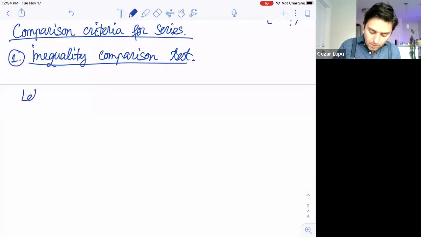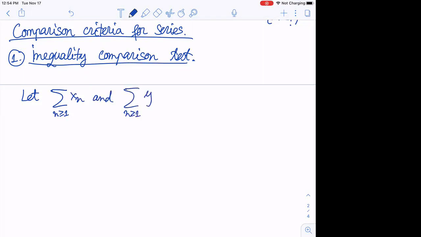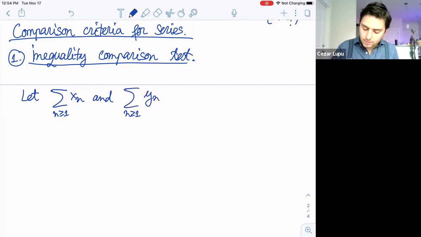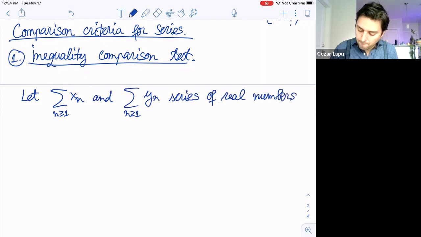I'm going to write directly two series, the sum of Xn and the sum of Yn, series of real numbers. We have the following.